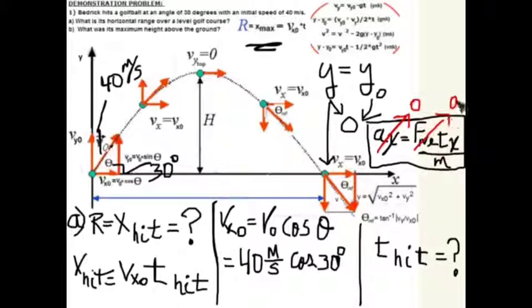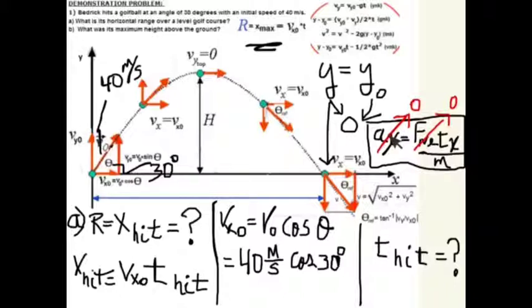Since the only force is a gravitational force and it's all negative y, with no x component, the net force in the x direction is 0. And so the acceleration in the x direction is 0 divided by the mass, which is 0.